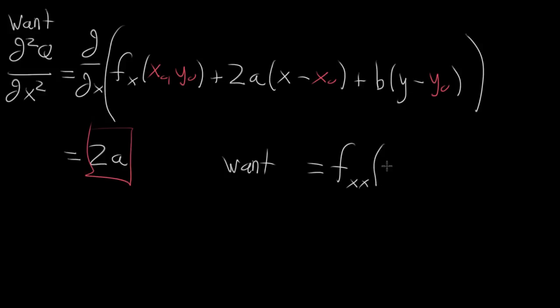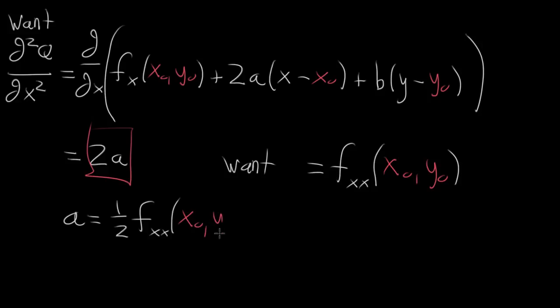We want it to match whatever that looks like when we evaluate it at the point of interest. So what we could do to make that happen, to make sure that 2a is equal to this guy, is we set a equal to 1/2 of that second partial derivative evaluated at the point of interest. Okay, so this is something we kind of tuck away. We remember this.